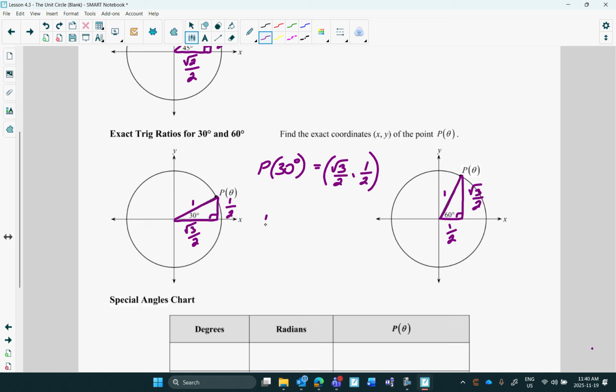So if the angle coming out of the center is 60 degrees, the point on the unit circle is going to be the reverse of 30 degrees. 1/2, comma, root 3 over 2. So we've already got 3 points on the unit circle. Okay, and again, this is review from last year.